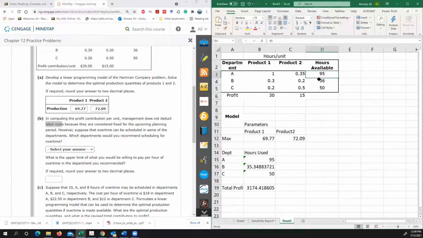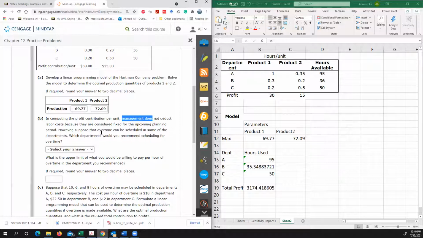We have just been given hours, how much can be produced, how much time it takes to produce one unit, and what is the profit. So we have not been given a labor cost because management thinks that the labor cost is just a fixed cost. It doesn't matter. There is no additional cost for producing additional units, but it just takes more time.